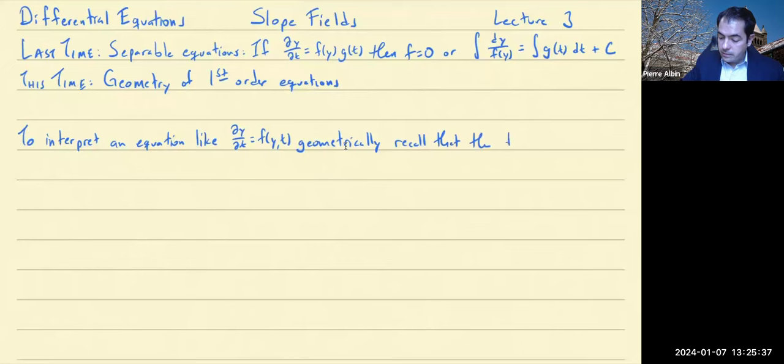recall that the derivative of a function gives us the slope of the tangent line to the graph of the function.